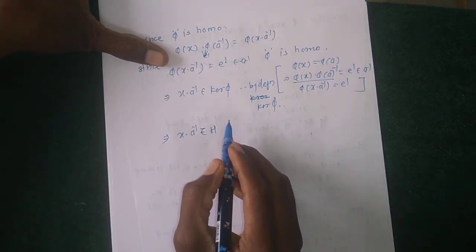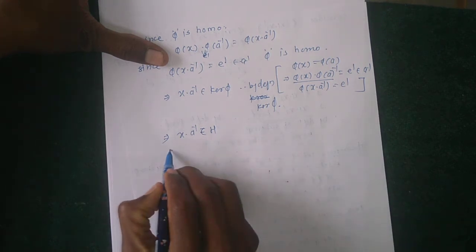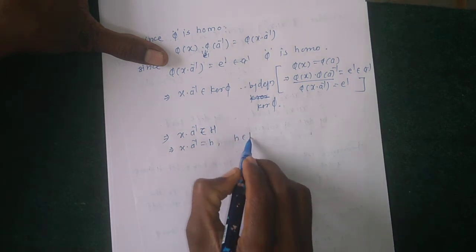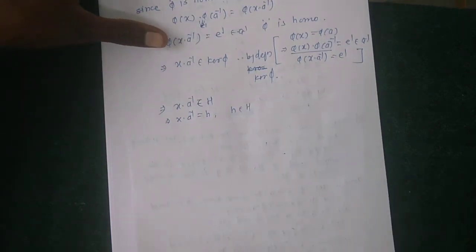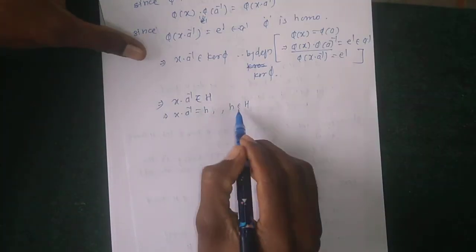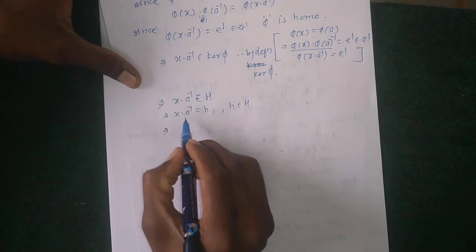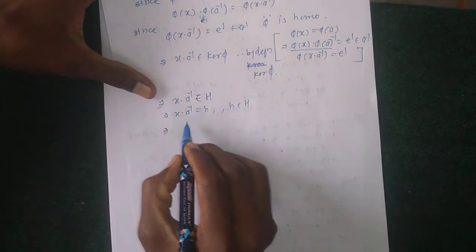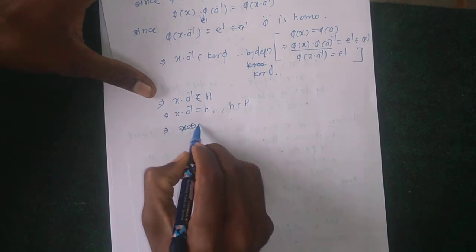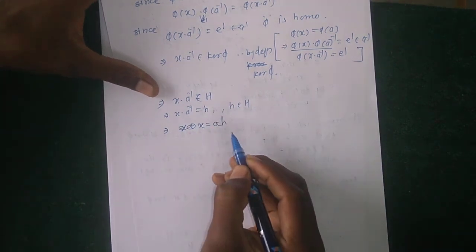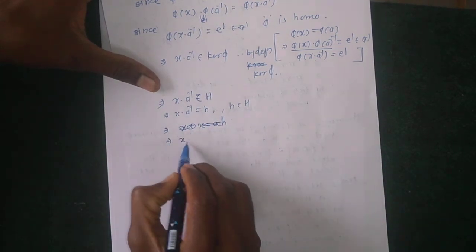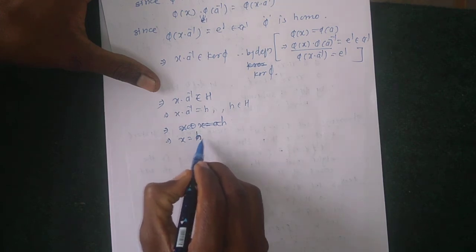Therefore x into A inverse is equal to h, for some h belongs to H, say x into A inverse equal to h where h belongs to H, which implies that x equal to ah. Or sorry, which implies that x equal to ha.